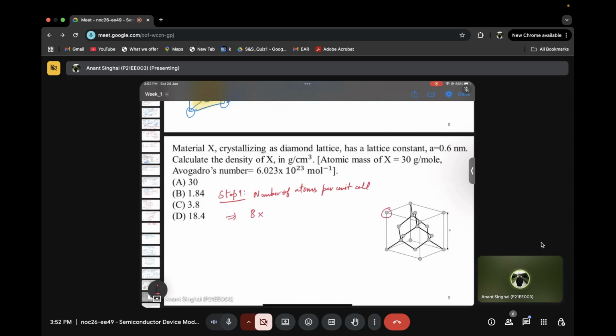Can anyone tell how many cubes we can have adjacent to a corner? Any guess? This is a very easy problem. Just think that we have a cube. How many cubes can we have around that particular corner?